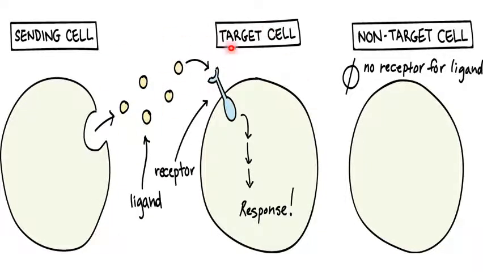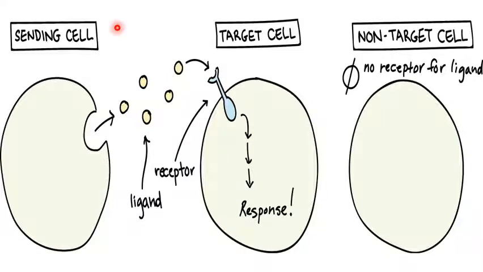Here you can see another pictorial representation where a sending cell or producer cell is producing certain signals, chemical molecules, that are present in the extracellular space, and these signals are received by the receptor present on the surface of another cell called the target cell, which thereby shows some response to those signals.